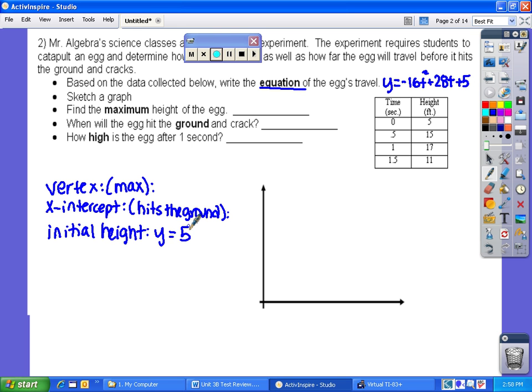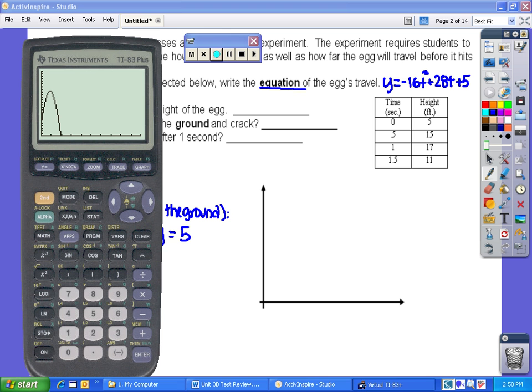Alright, so now let's find our vertex. And you just keep pressing the left till you get up there. It doesn't matter how far you go to the left, as long as you're on the left side, and as long as you're on the right side.